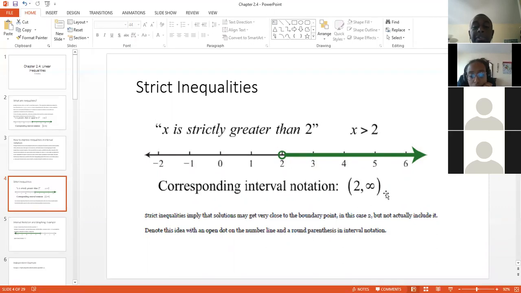It's just to represent that it keeps going and going and going. So that's why you put a parentheses around infinity. Put parentheses around 2, parentheses around infinity for strict inequalities, whenever you don't have the equal sign under the symbol.